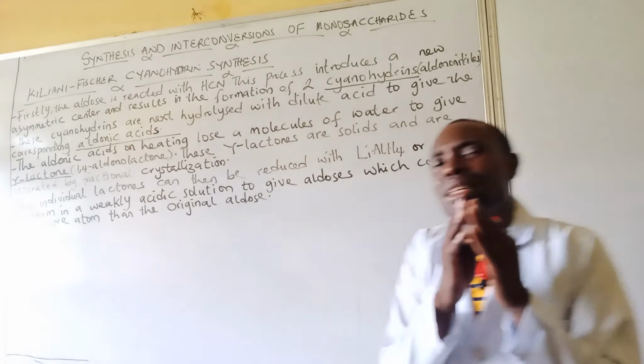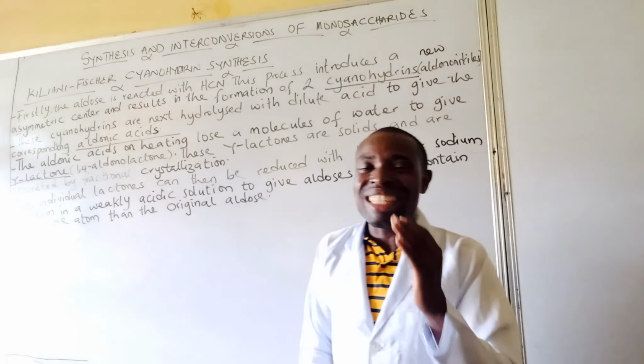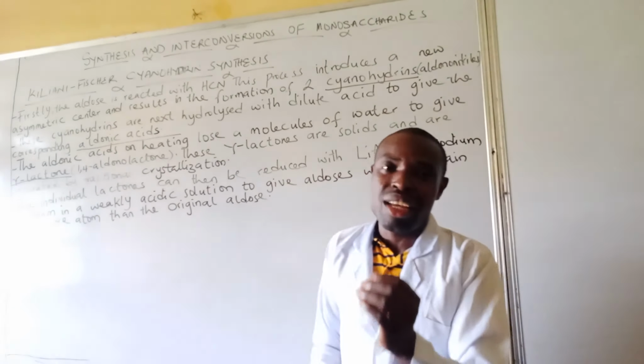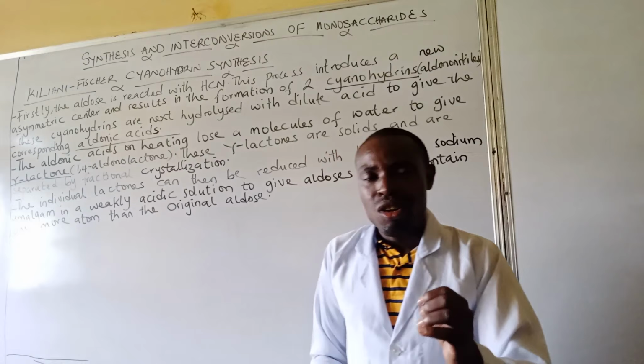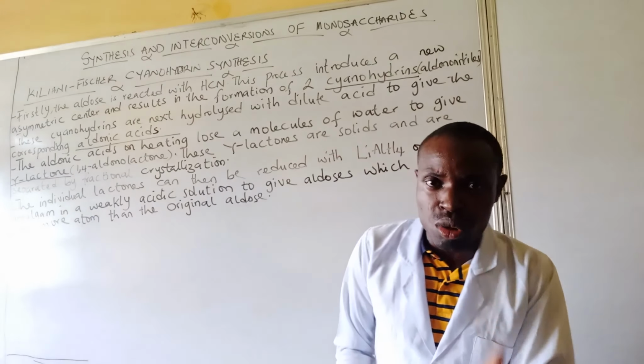Because these gamma lactones are solids, they can easily be separated by a technique called fractional crystallization.